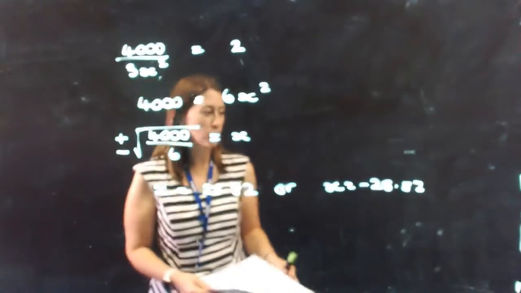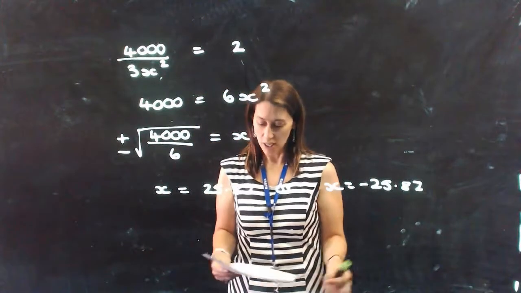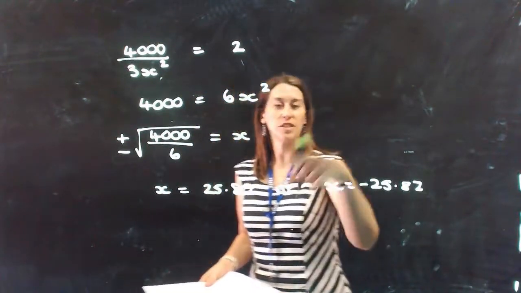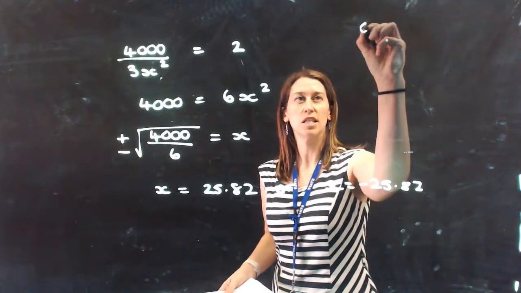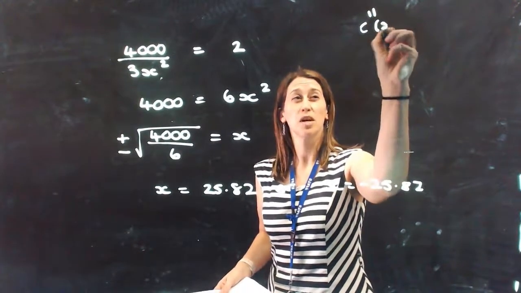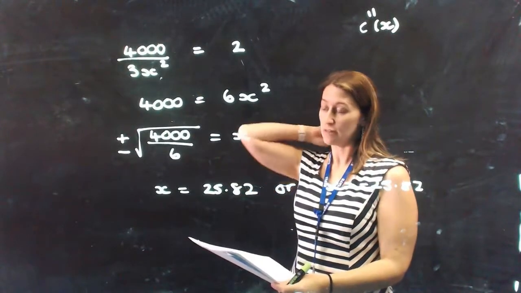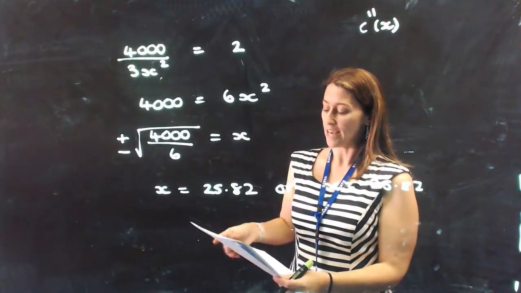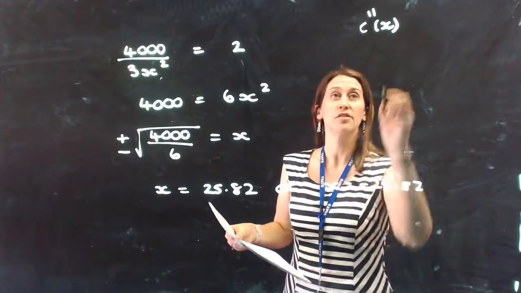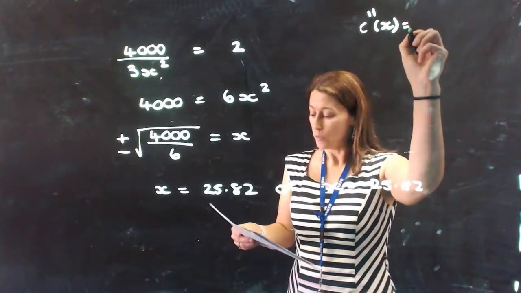So we then take the second derivative. Every time I move over here the board goes out of focus, apologies. Let's do that up here. We're looking at c double dash of x. Now c dash of x was minus 4,000 over 3x squared plus the 2. Let's differentiate that again.